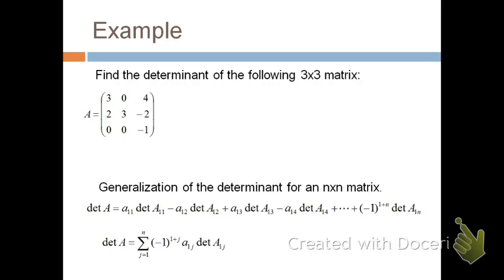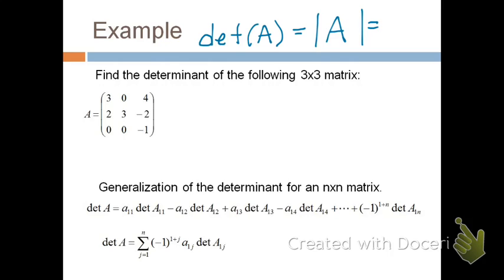Some notations. We saw that we use this notation here, det, which is the determinant of the matrix A. We also might use this system where we write A in 2 straight lines. This is not the absolute value. This stands for the determinant.